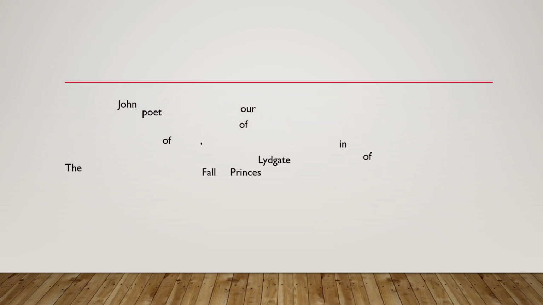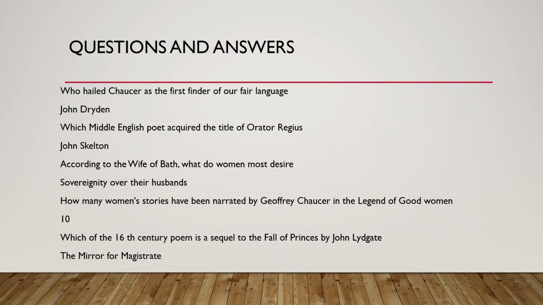Now let's have a short look at the questions and answers. Who hailed Chaucer as the first finder of our fair language? John Dryden. Which Middle English poet acquired the title of Orator Regius? John Skelton.